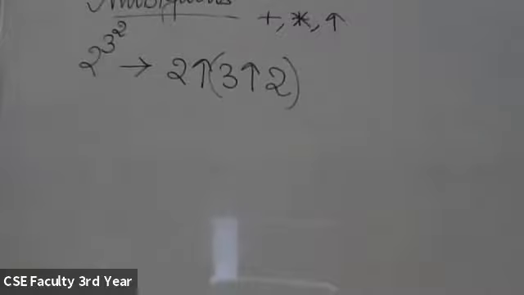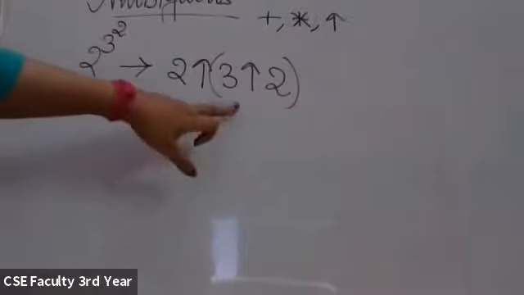Power has highest priority, followed by multiplication, followed by plus. So which one should be at the lowest level? Power should be at the lowest level, followed by multiplication, followed by plus. Don't be confused. The one with highest priority should be at the lowest level.